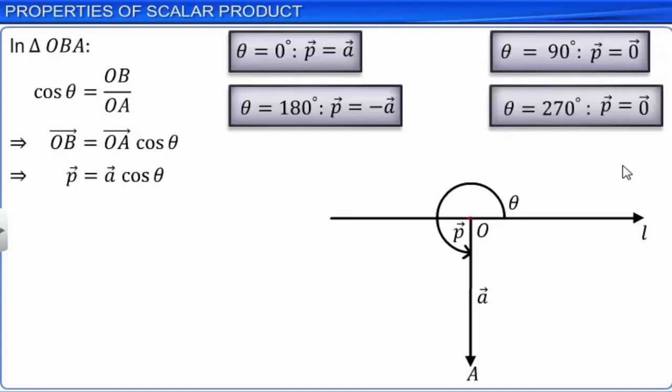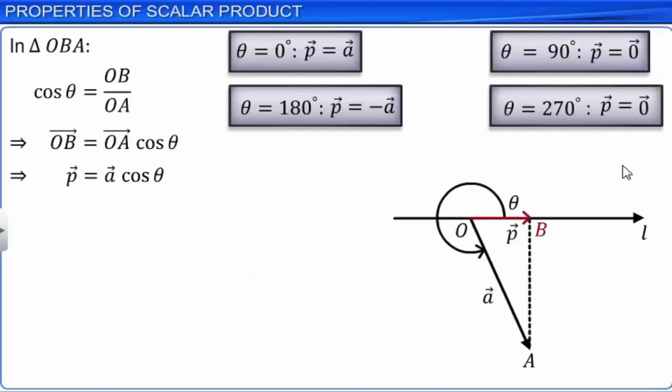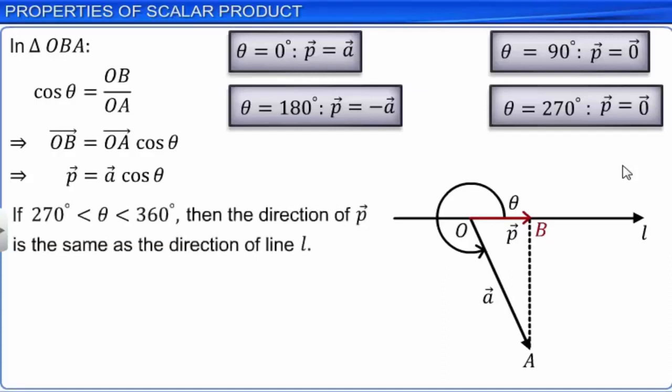When angle theta lies between 270 degrees and 360 degrees, the direction of projection vector P is the same as the direction of line L.